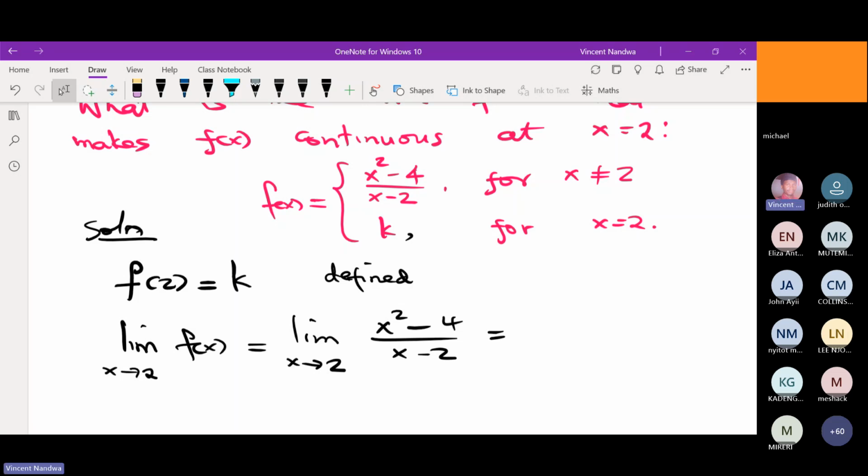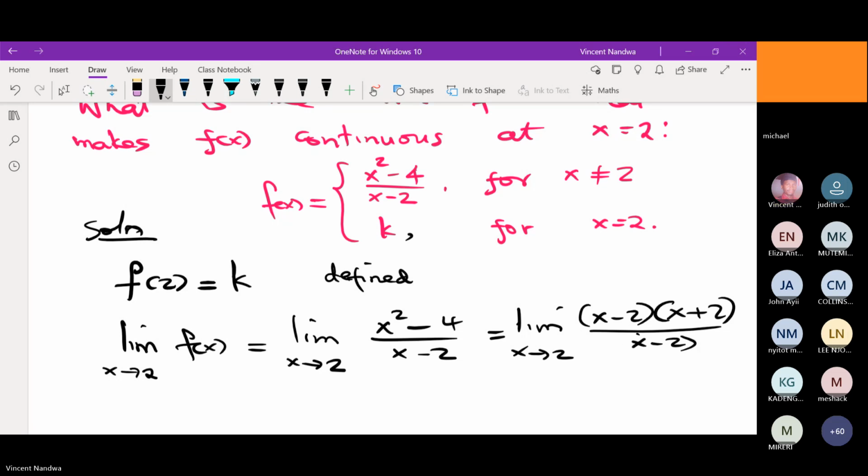So which limit technique do you apply? Factorization. So we can write this as the limit as x approaches 2 of x minus 2 times x plus 2 divided by x minus 2.